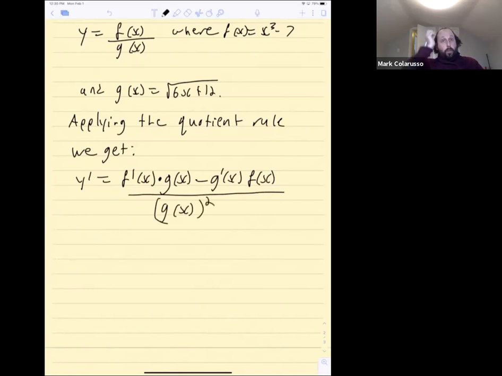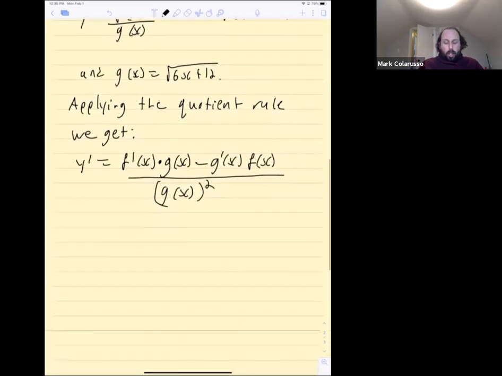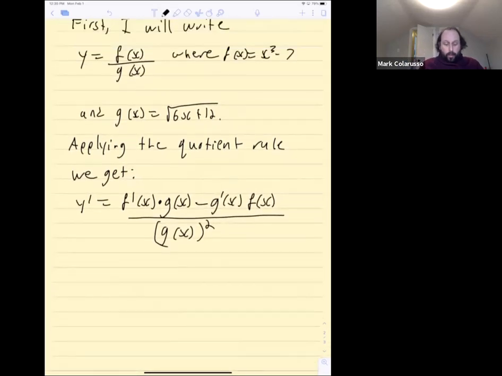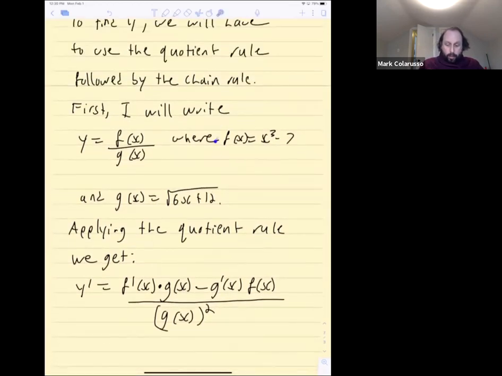That's what the quotient rule says. Now we need to find the derivatives of f and g, where f is given here and g is given here.